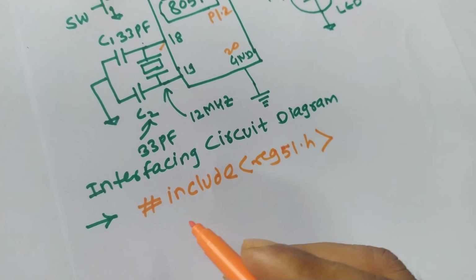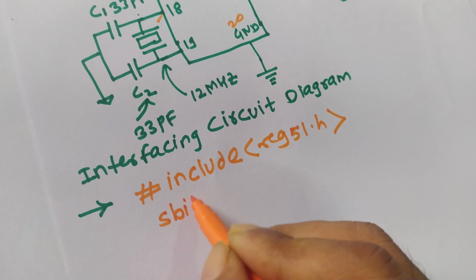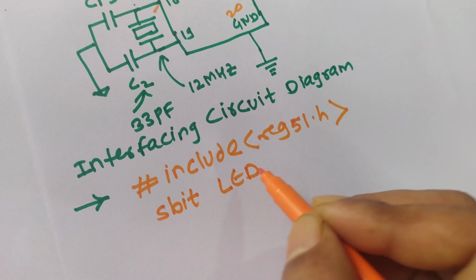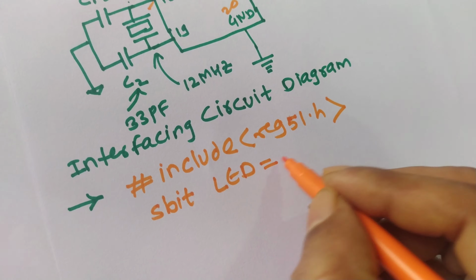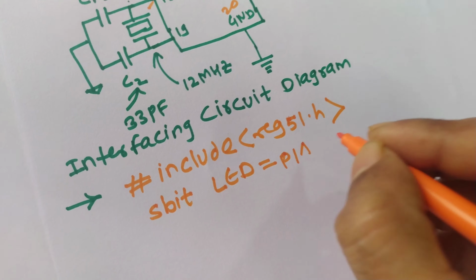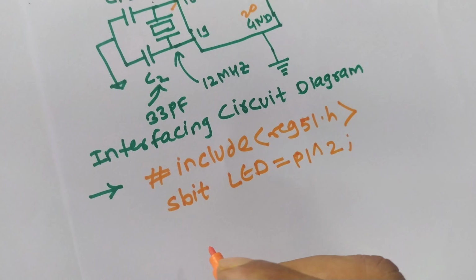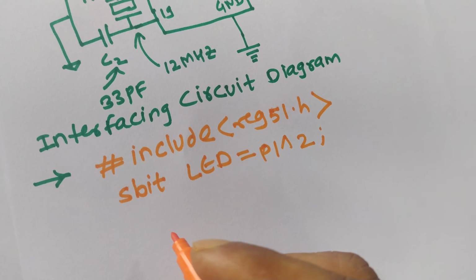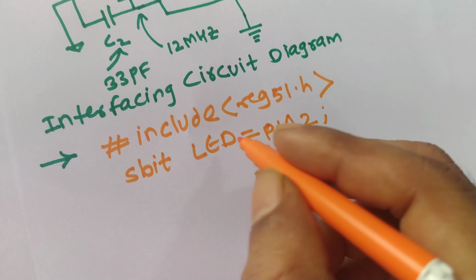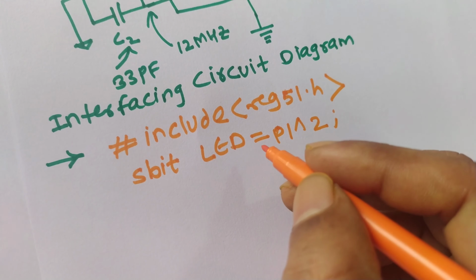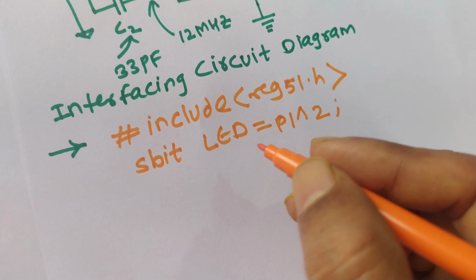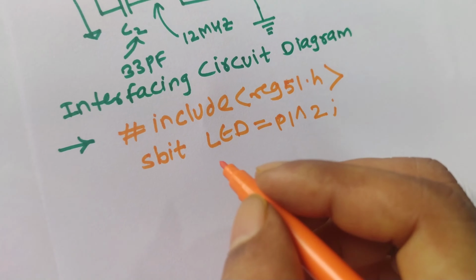Since we require a single pin, we use sbit, and we use the variable LED connected to pin 1.2, with a semicolon. In this way we have used a variable for pin 1.2, and from now on in the program we can write LED as the variable. This is the type of variable we used, sbit.